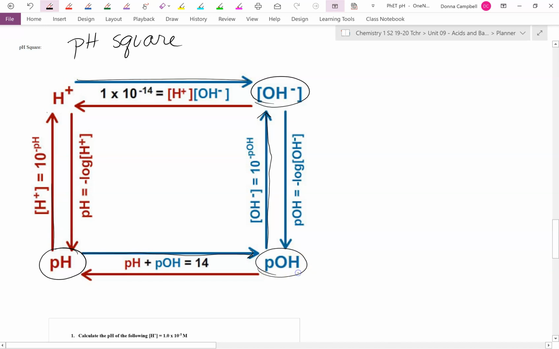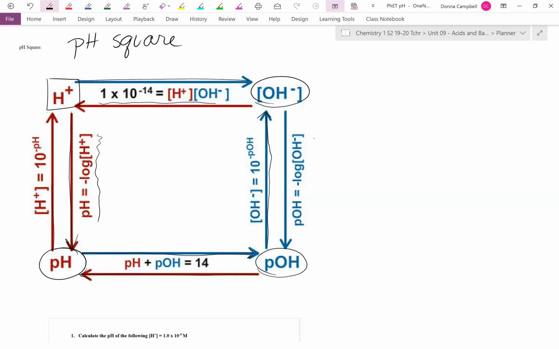If you have the POH and you want the pH, you just simply go across. If you have the H plus concentration and you want the pH, you go down. And notice we've got the equations written right here that you can use. All roads lead to the correct answer. You get to choose which path.